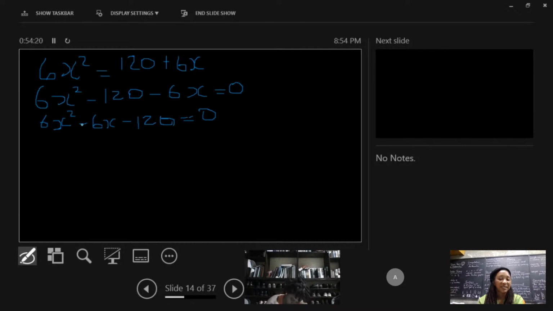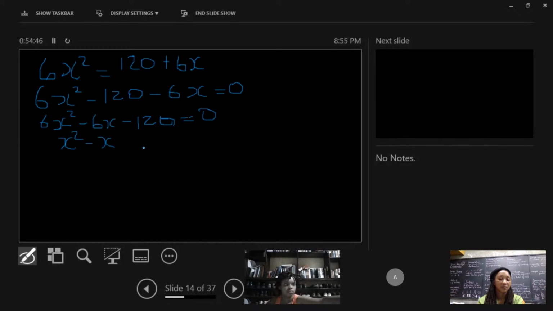All right, so 6 into this goes, Miss, 1 times x squared. And 6 into negative 6x goes 1 times, so it would be minus x.